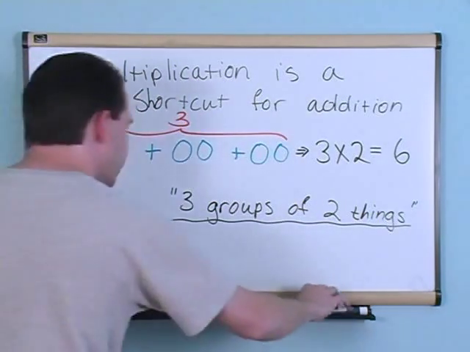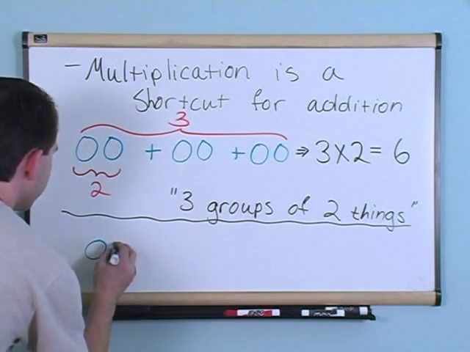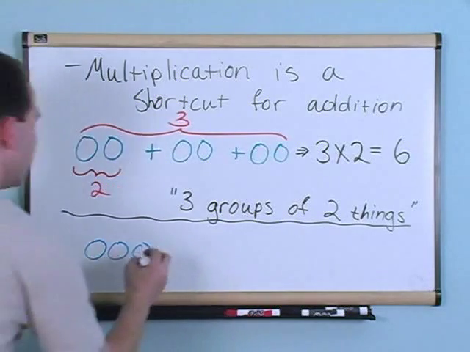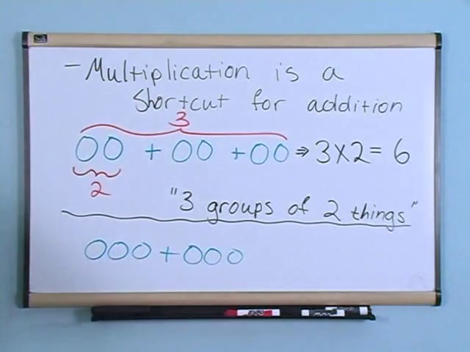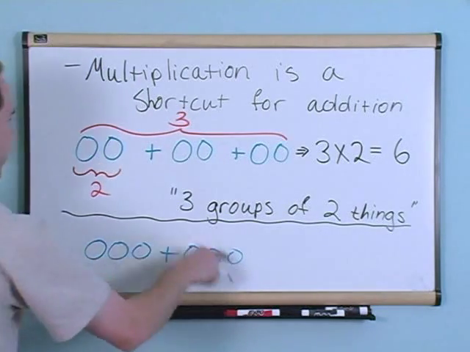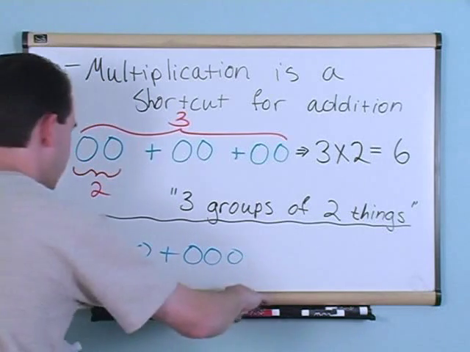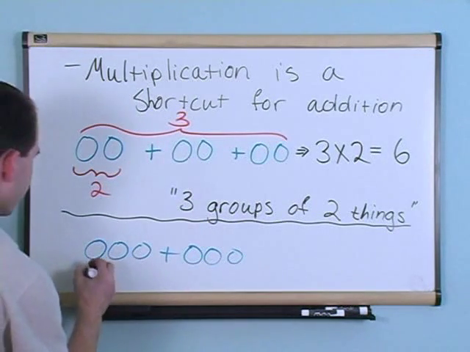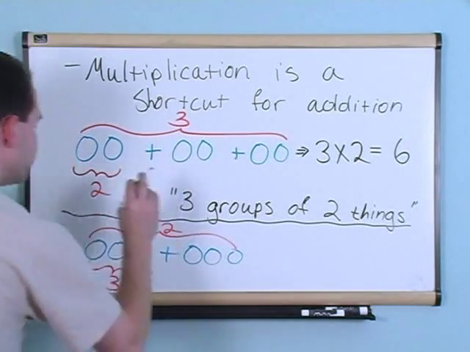Now let me do things a little bit different, and let me draw it like this. What if I have 1 circle, 2 circle, 3 circle, and I'm going to add to it 3 more circles, okay? Now, it's the same number of circles in both cases, okay? But what I have here is, I have 3 circles, and I have 2 groups, okay?